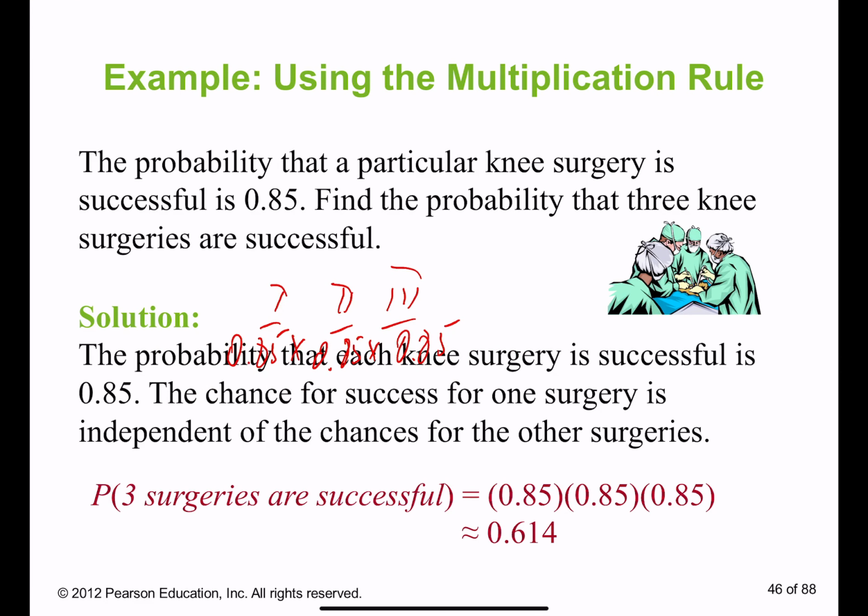The probability that 3 surgeries are successful: 0.85 times 0.85 times 0.85 is 0.614, which is approximately 61.4%. Okay?